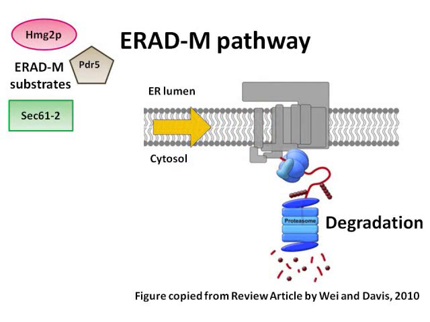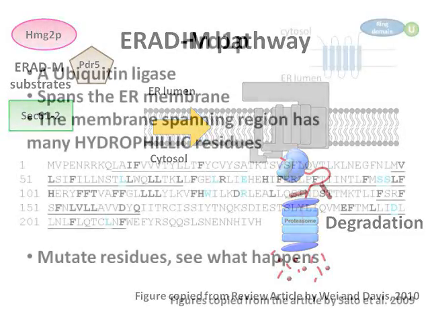Lastly, once the substrate is tagged with the ubiquitin oligomer and pulled out of the membrane, it can go by the normal degradation pathway, where it is targeted to the proteasome and the amino acids are recycled in protein translation. What's important to note here is that ERAD-M substrates used within the paper include HMG2P, PDR5, and Sec61-2.